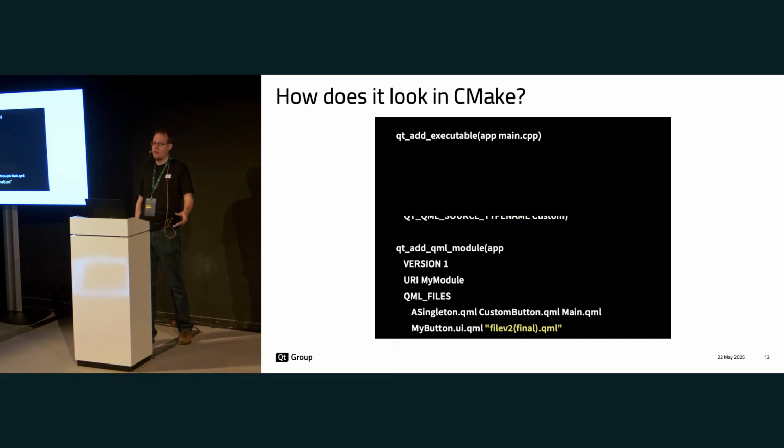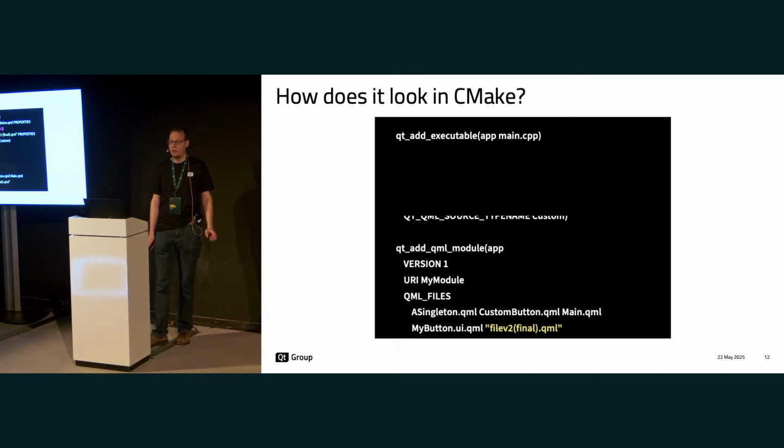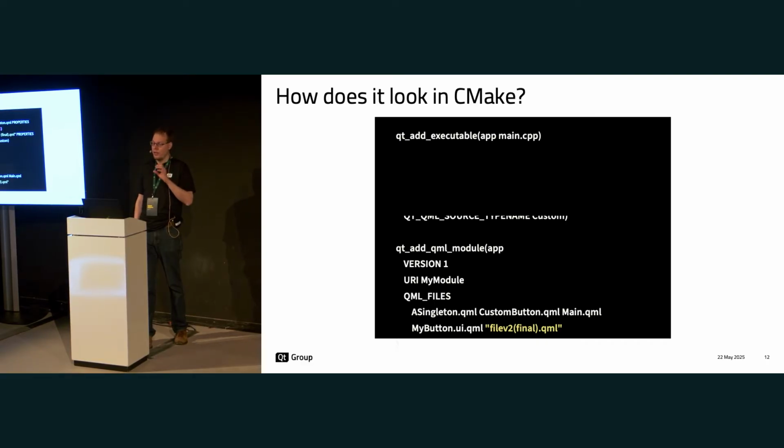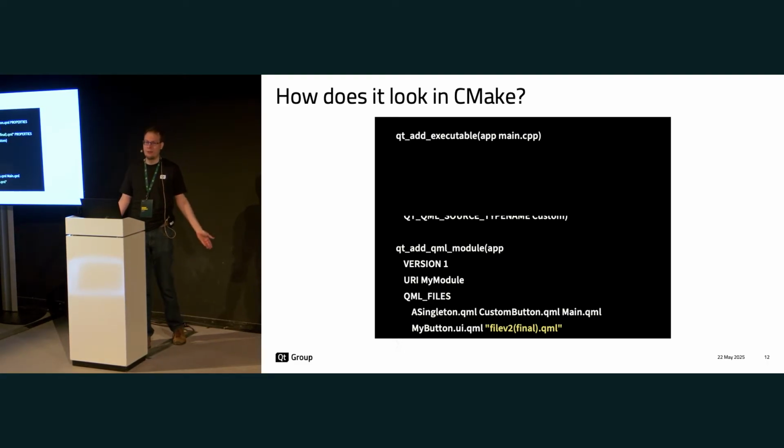And in the last example, we had two additional things, like we had a singleton and we had a file which is renamed, and you can achieve that by setting source file properties on the individual files. That's a bit verbose, but if you want to make multiple files a singleton, you can put them all in a single call, and hey, you don't want to rename files in general anyway, so that's not too much of an effort.